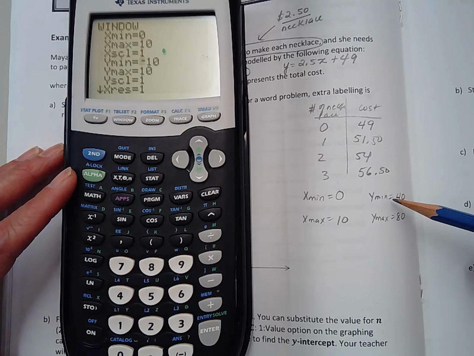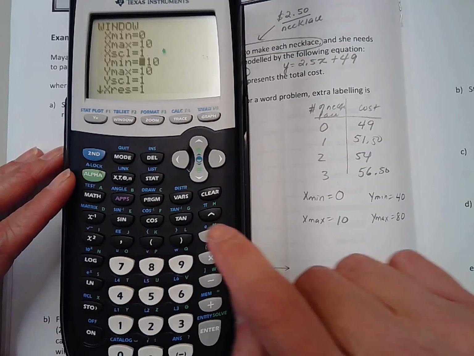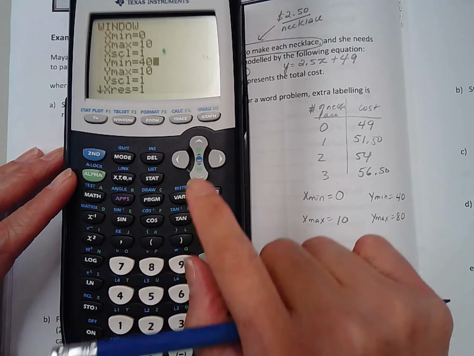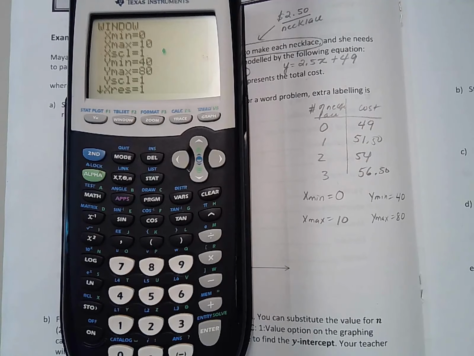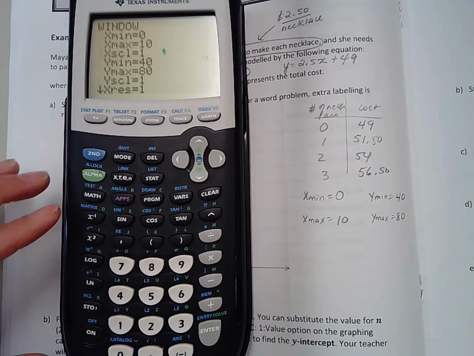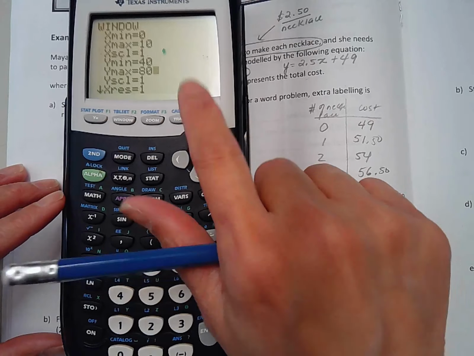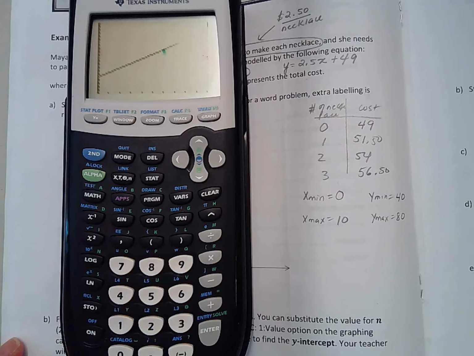Y min, I'm gonna go 40 to 80. Y min is 40. Y max is 80. Does that help you a little bit trying to figure out where your graph is? That should help us get started. Now press graph. Don't worry about the scale. We'll figure out the scale later. There you go. There's your graph.